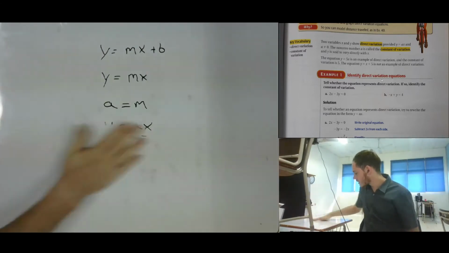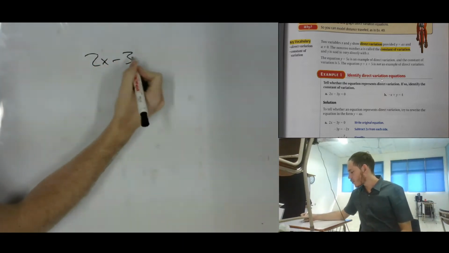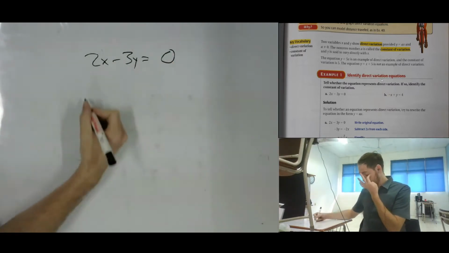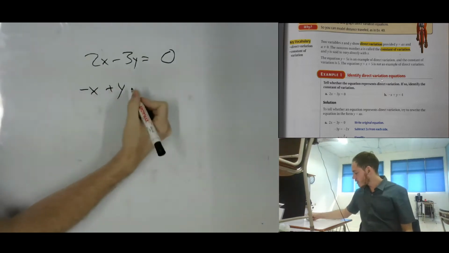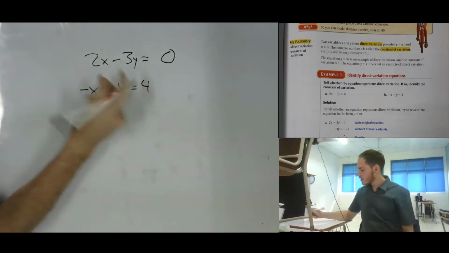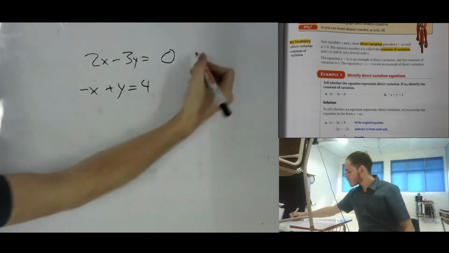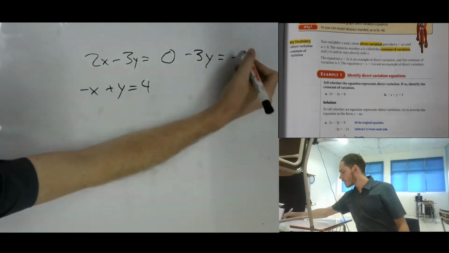Okay, let's look at this. Example 1, so we have two examples. 2x minus 3y equals 0, and negative x plus y equals 4. Now this first one, what we're going to do is get x to the other side. So we get negative 3y equals negative 2x.